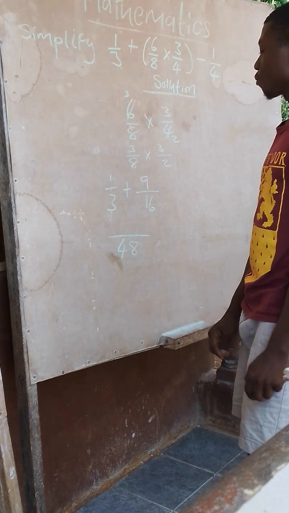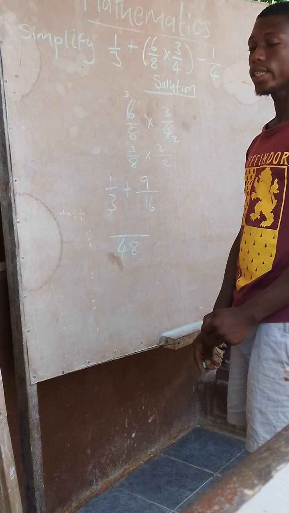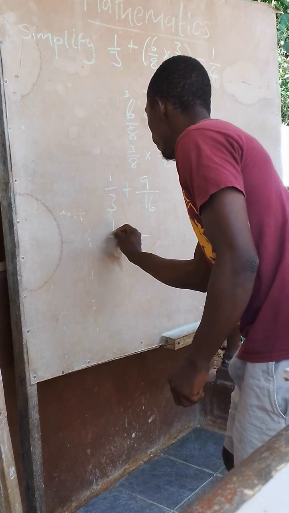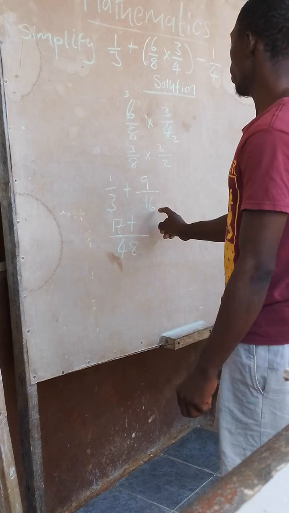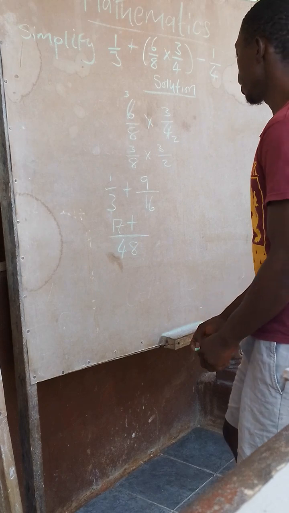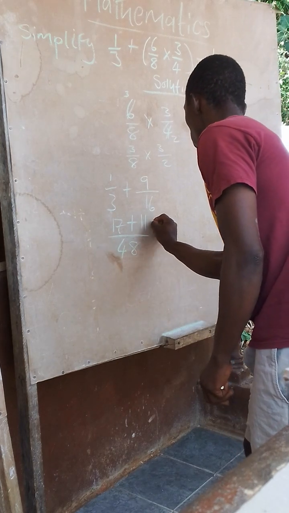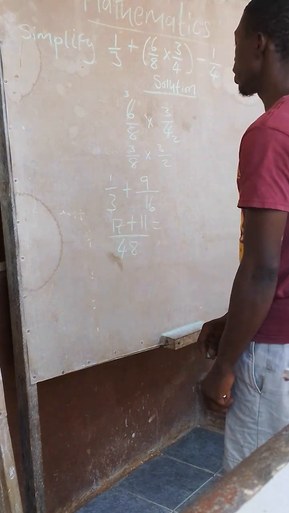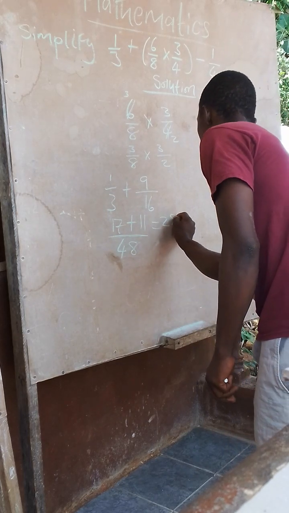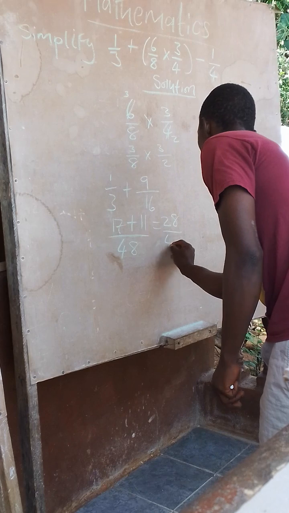Now, 3 into 48 is how many times? It is 16 times. Plus this one, we have 17. Plus, now 16 into 48 is 3 times, plus this 9 is 11 times. So we say 17 plus 11 is 28, all upon 48.